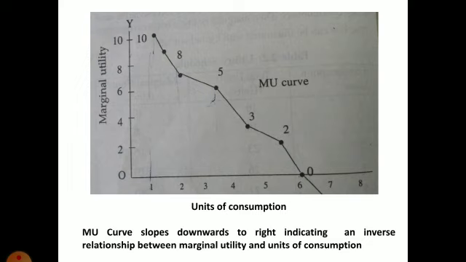The entire area covered by the marginal utility curve, that is the MU curve, represents the total utility of the commodity. In the next class, we will study the consumer's equilibrium, how full satisfaction is achieved, at what point the full satisfaction is achieved.